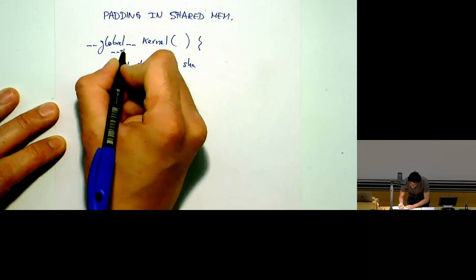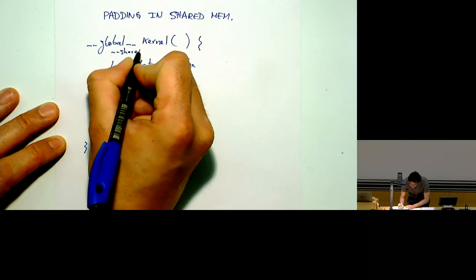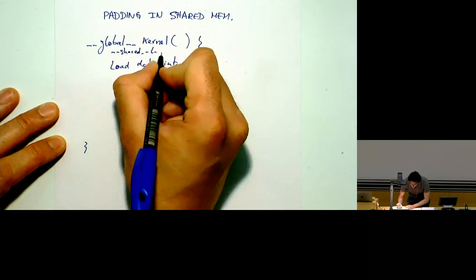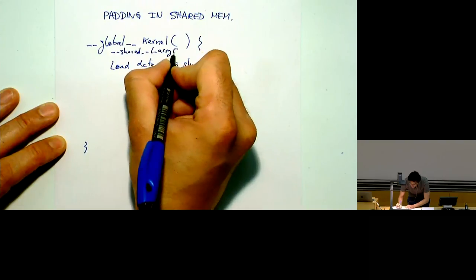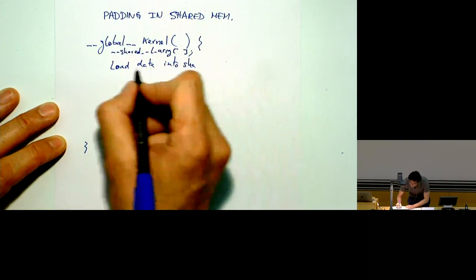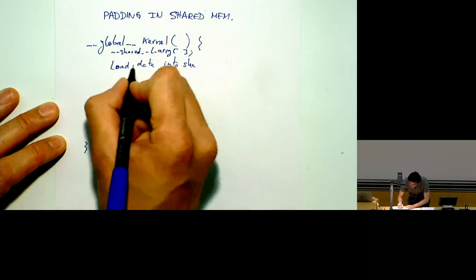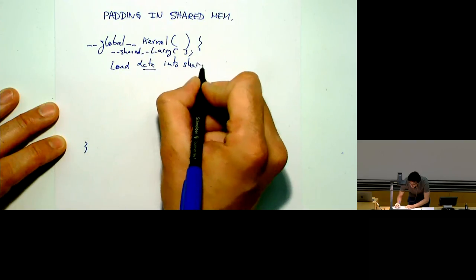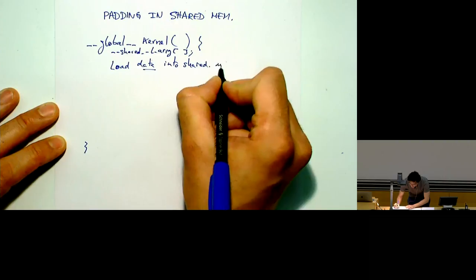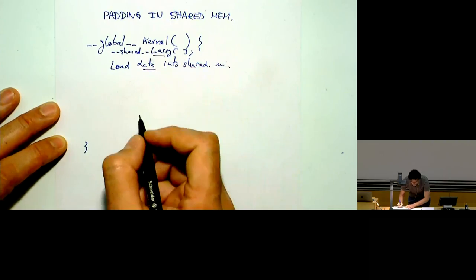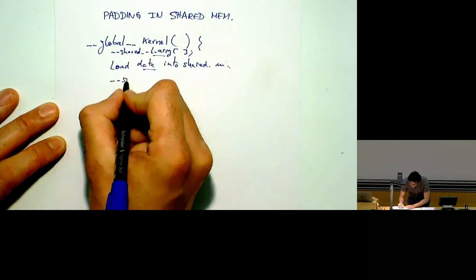Somewhere here, we declare the shared array, let's call it L array, with a certain size. And we load data from global memory into the shared memory, into this local array. We'll have to sync threads.